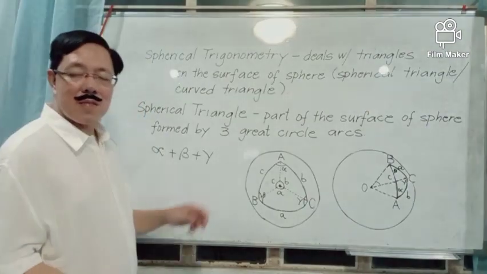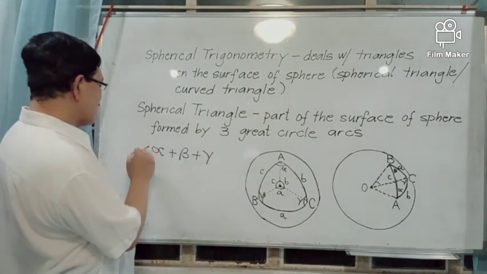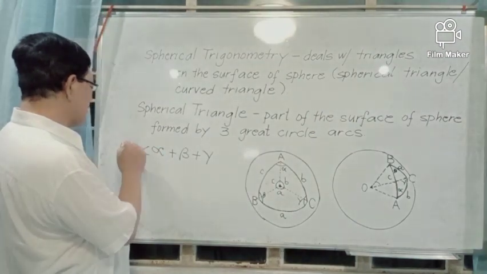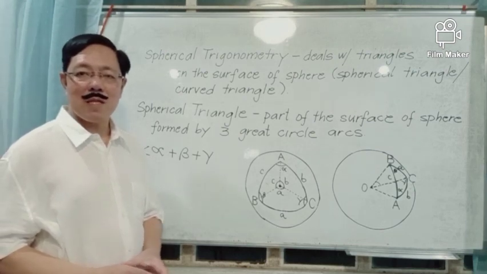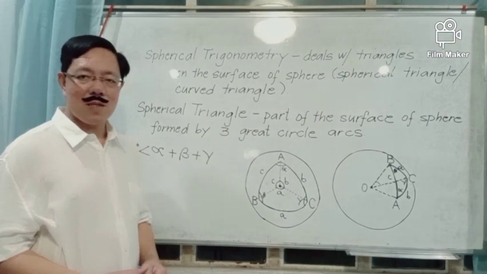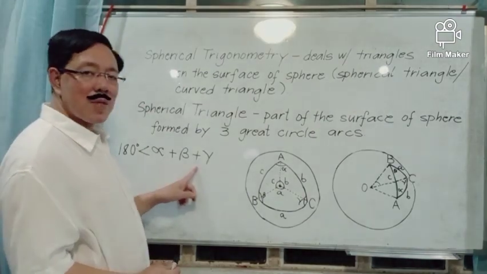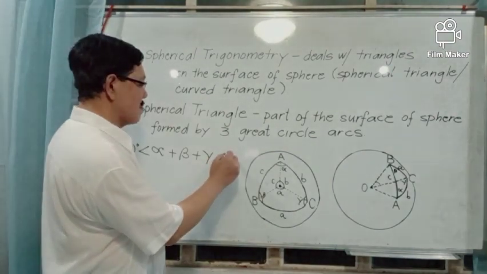The sum of these three surface angles can be greater than 180 degrees. Unlike in plane trigonometry, where the sum of the three angles is always 180 degrees. But the sum cannot be more than 540 degrees.